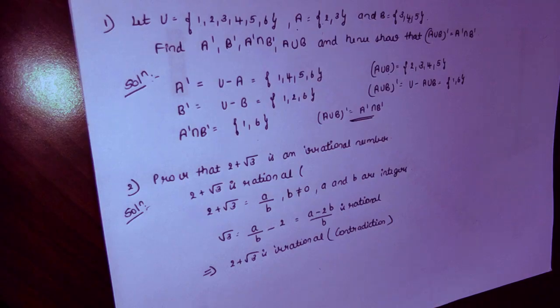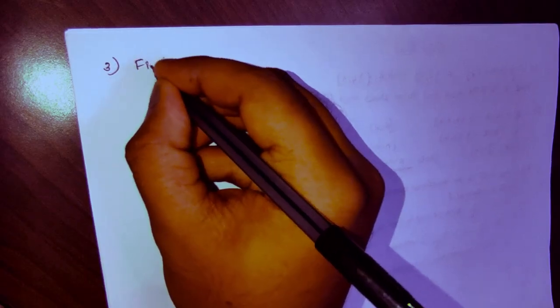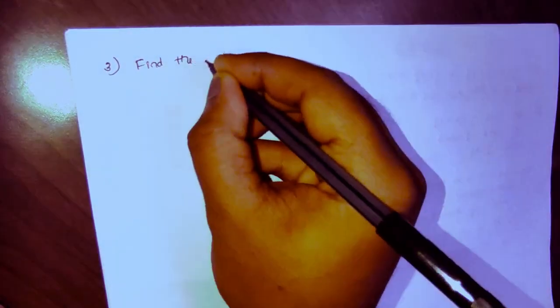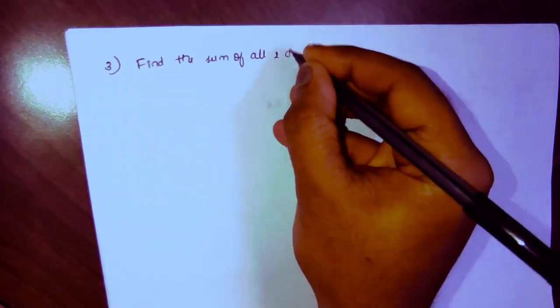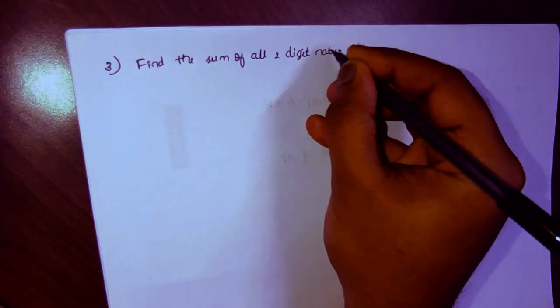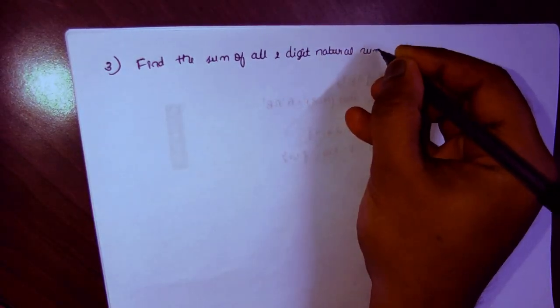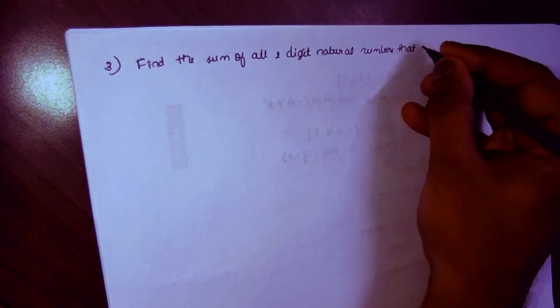Let us move into the third question. Find the sum of all 2-digit natural numbers that are divisible by 5.